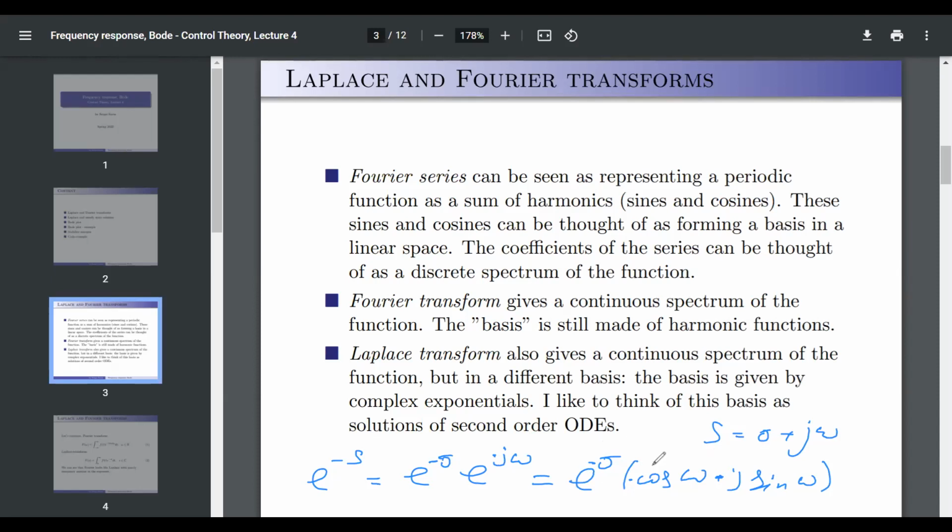The real part is just an exponential. The imaginary part is just a periodic function.